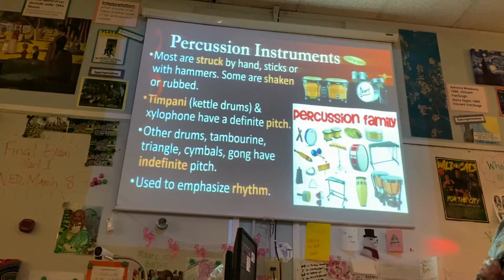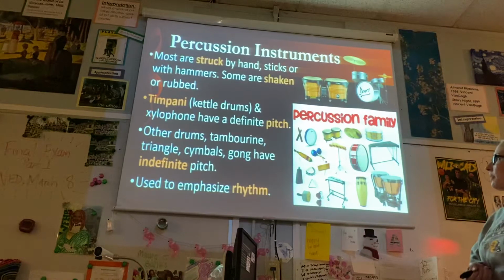Next one, percussion. These are the most fun to play. They are struck by hand, sticks, or with hammers. Some are shaken or rubbed. The timpani, this thing right here, or the kettle drums, and the xylophone are the only percussion instruments that have a definite pitch. Others are drums, tambourine, triangle, cymbals, gongs. They all have an indefinite pitch.